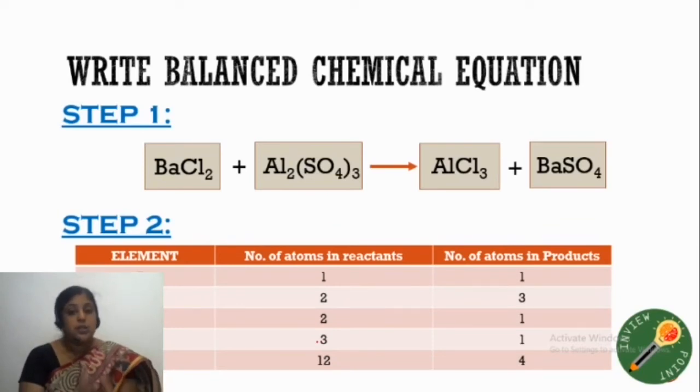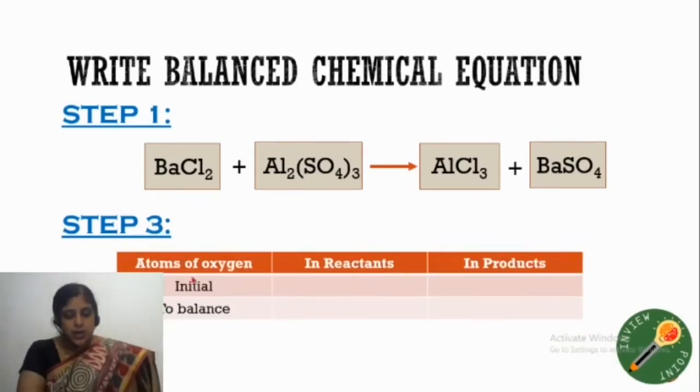So what is the third step? Identify the element having the maximum number of atoms. Here oxygen has the maximum number of atoms, so consider the oxygen element. The number of oxygen atoms in the reactant side is how much? It is O4 inside the bracket and outside is written thrice, right?